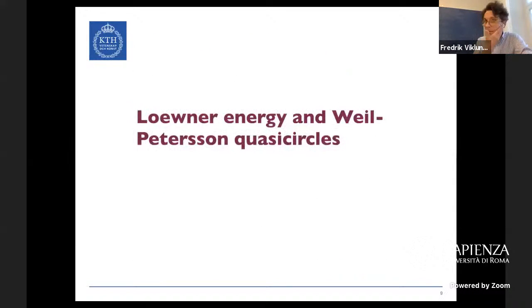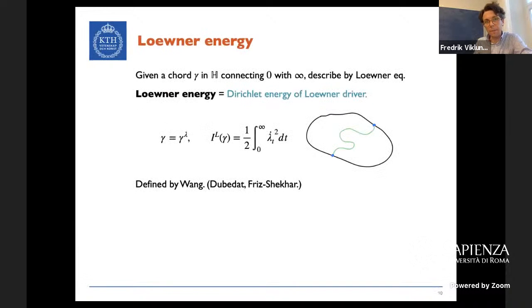Okay, so let me now switch gears a little bit and go to the more deterministic world and define the Löwner energy. So what is this? Let's remember the Löwner equation in the chordal version that I described. So we have this correspondence between a curve in the upper half plane that connects 0 to infinity and this continuous function, right? So if we have a chord in the upper half plane, we can do this procedure and somehow recover this driving function.